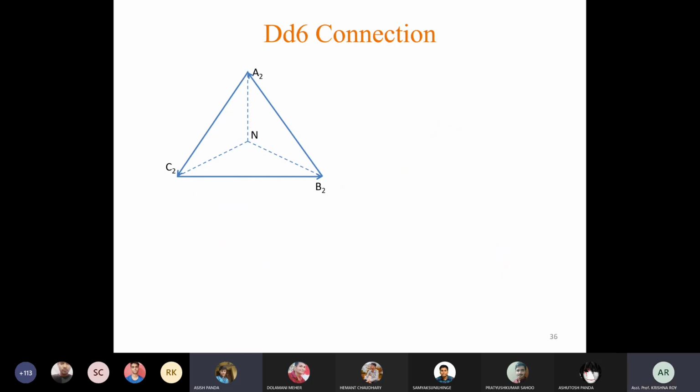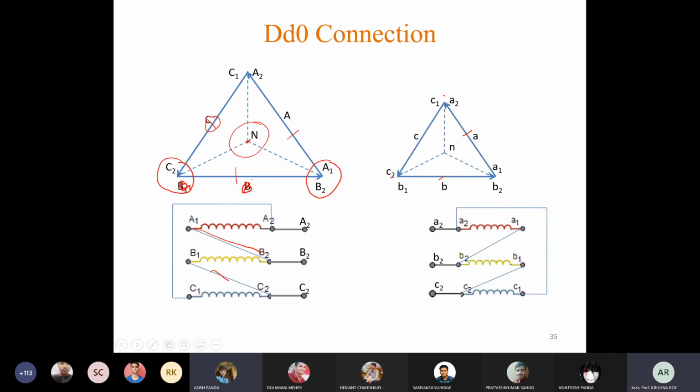This is the first step. In DD0, the phase difference condition is that the phase angle between line EMFs is equal to 0, as that of the previous one. That means this EMF, V A2 B2, will be in the same phase with V small a2 b2.